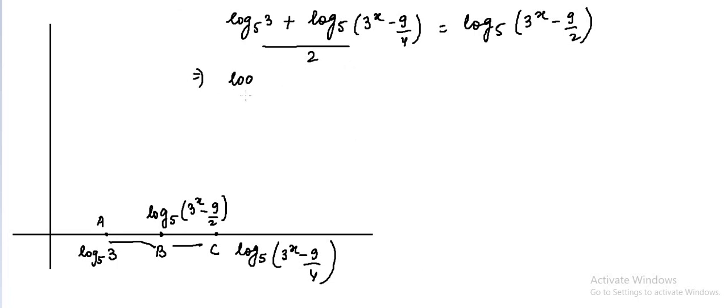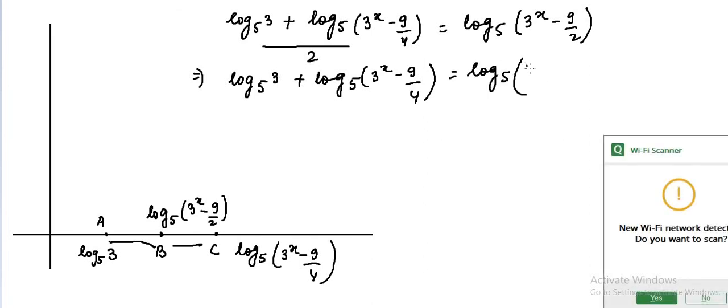This will give you log base 5 3 plus log base 5 (3^x minus 9 by 4), and this side it will be log base 5 (3^x minus 9 by 2) whole square.